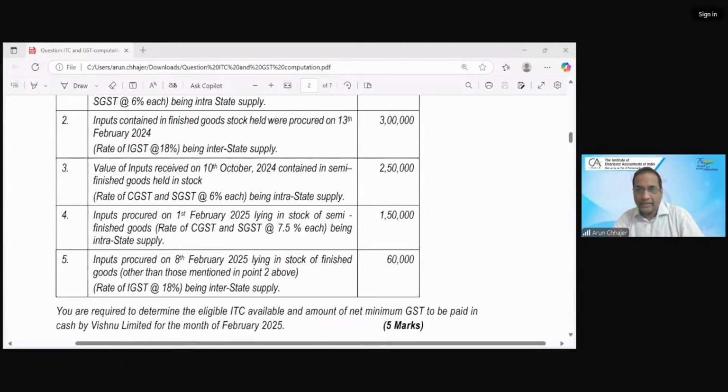So let me write here, how much is the amount? So 2,50,000 and 6% CGST and 6% SGST.